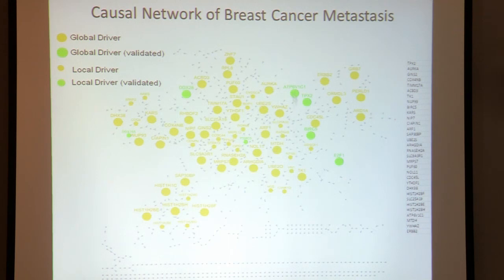Again, many of the genes have been validated through the siRNA knockdown experiments, but an even larger portion of the drivers have not been validated yet.